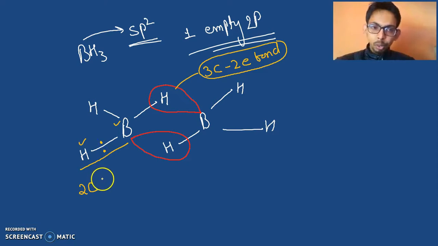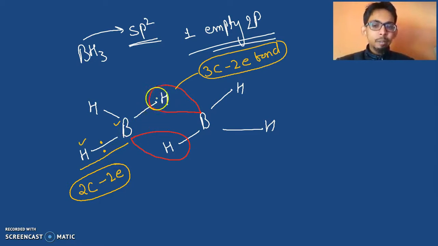So in a normal covalent bond there are 2 centers and 2 electrons. But in this special type of bond, the banana bond or sideways bond, there are 3 atoms involved: 1 boron, then hydrogen, and another boron. But electrons involved are only 2, which are delocalized over this.